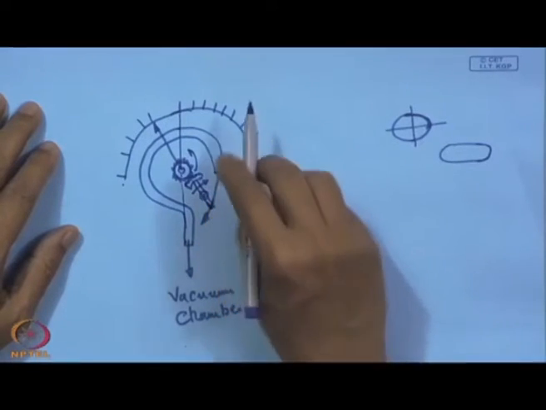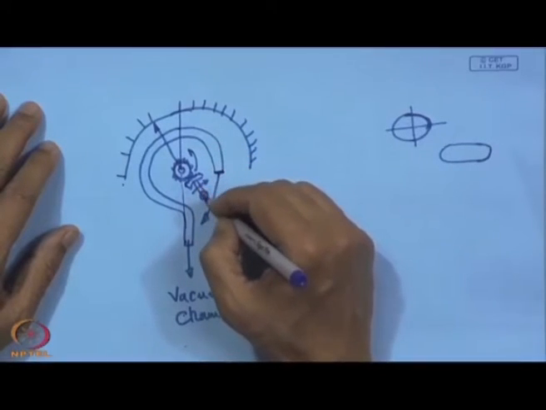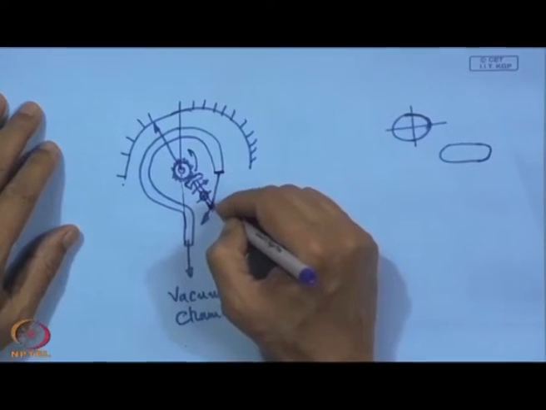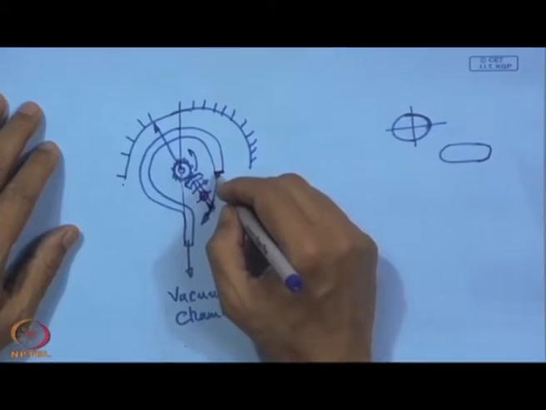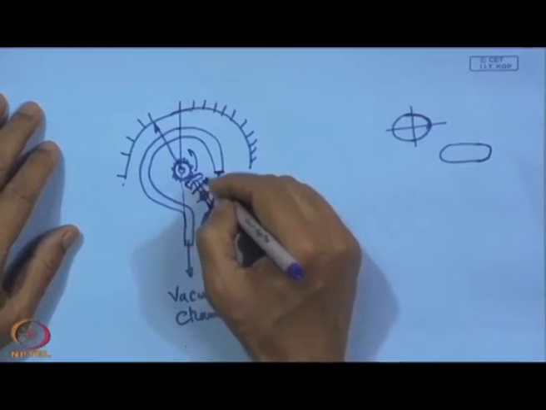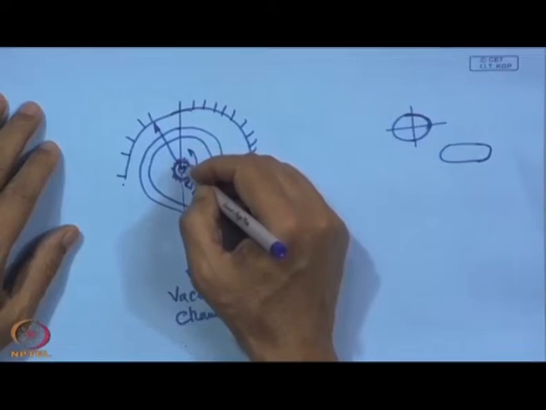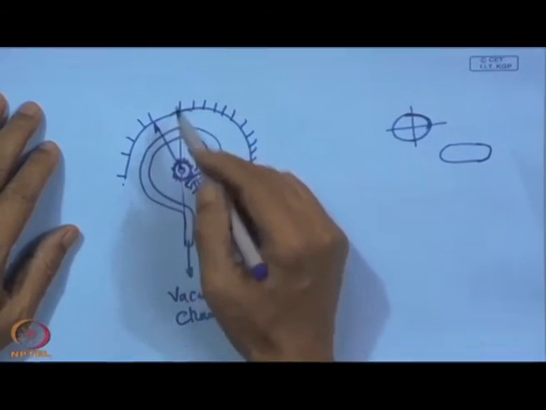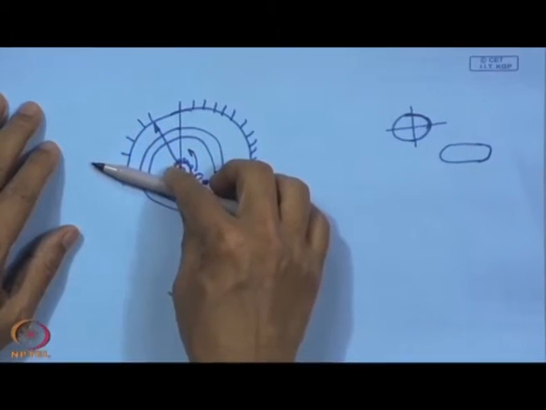So, this is moving in this direction, and as a result this sector gear, which is pivoted at this point, this end will be pushed on this side because of this bending of the tube, and then this sector will have a rotation. This rotation will be transmitted to this pinion, which is rigidly holding that pointer, and this pointer will move this way, and that will show the fall of pressure.